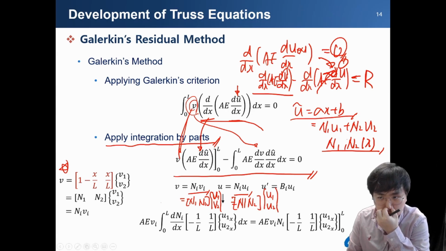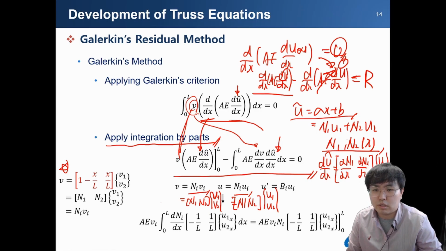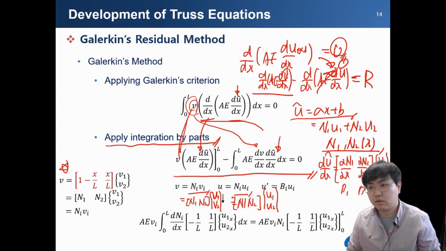This equation also, and the derivative means that only this part is differentiated. This u1 and u2 is a numerical solution, not a function of x, so only this becomes b1 and b2. So you can apply this part in here.